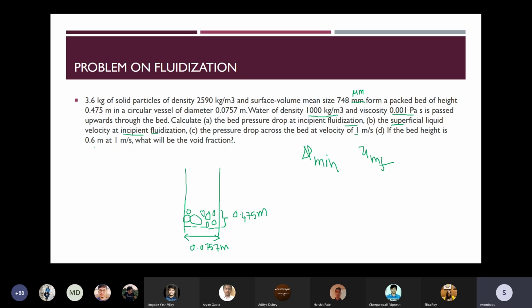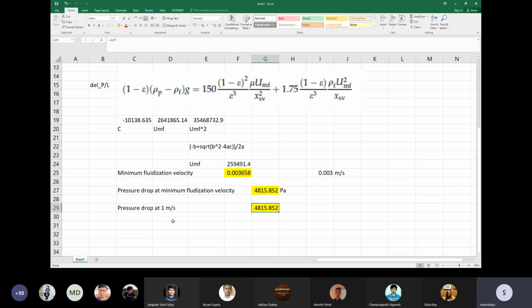And the bed height at 1 meter per second is 0.6, and calculate the void fraction. So how do we calculate the void fraction? Void fraction is 1 minus solid volume by total bed volume.